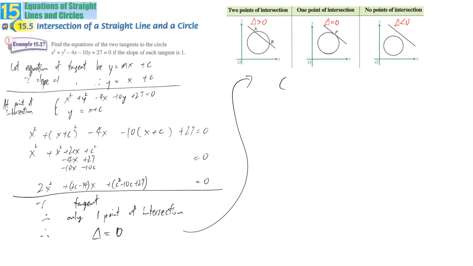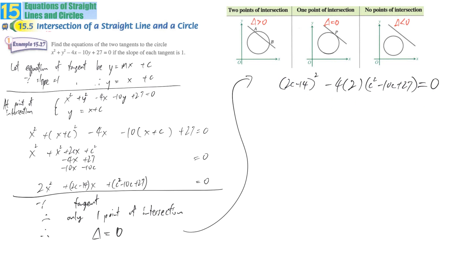Then we can draw the conclusion: b squared minus 4ac is equal to 0. Now, b is 2c minus 14, a is 2, while c is c squared minus 10c plus 27. You observe this equation, even though it's quite long, only c is the unknown. That's why we can solve this quadratic equation for c.